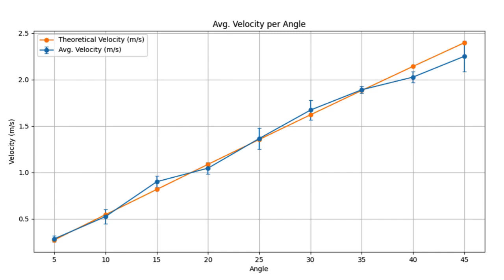Based on the comparisons of the expected velocity to the data collected, the hypothesis wasn't entirely supported as the theoretical velocity for 15 degrees and 40 degrees are outside of the experimental standard deviation. 15 degrees has an experimental velocity of 0.90 meters per second, with a standard deviation of 6.70%, which lies above the theoretical velocity of 0.82 meters per second, while 40 degrees, which has an experimental velocity of 2.03 meters per second and a standard deviation of 2.82%, lies below the found theoretical velocity of 2.14 meters per second.